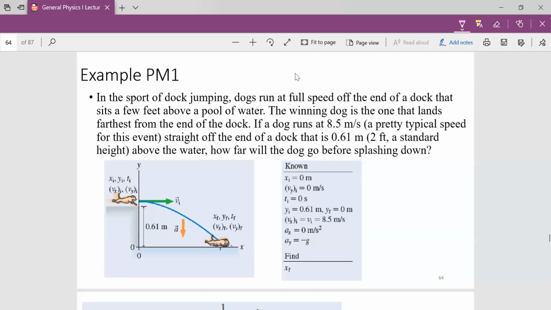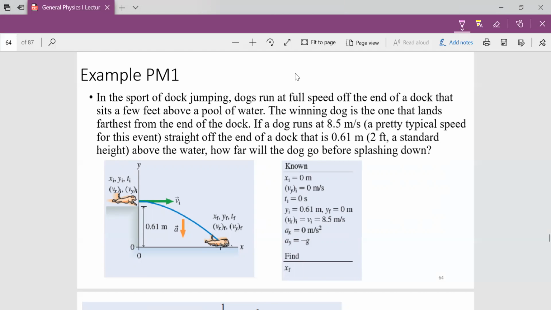The dog runs at full speed off the edge of a dock that sits a few feet above the pool of water. The winning dog is the one that lands farthest from the end of the dock, that is, the one that goes farther from this y-axis.